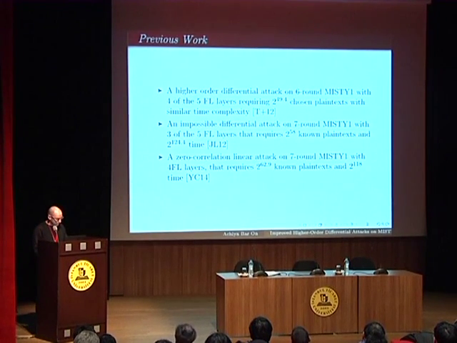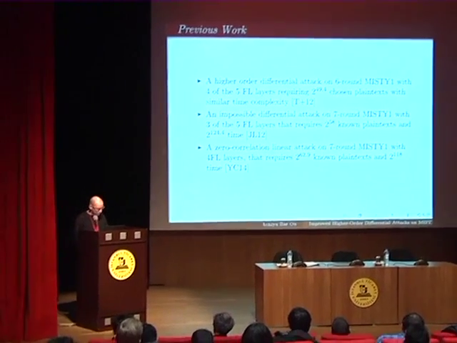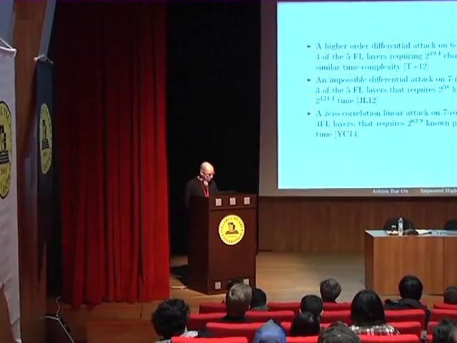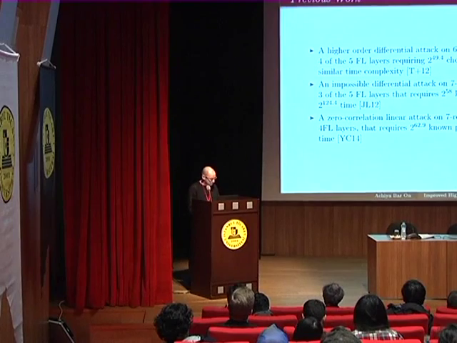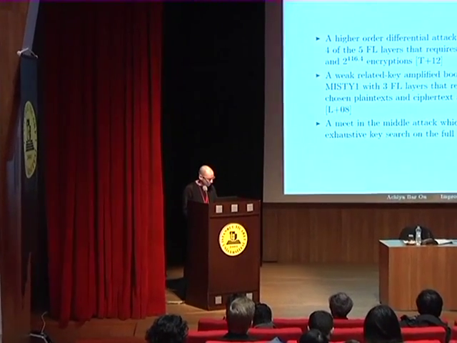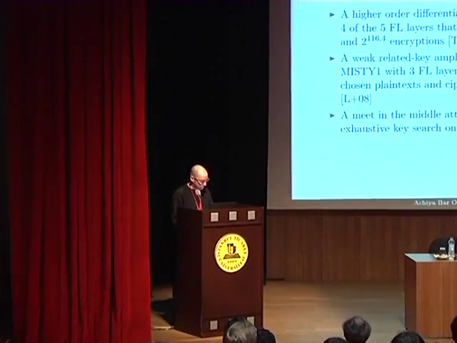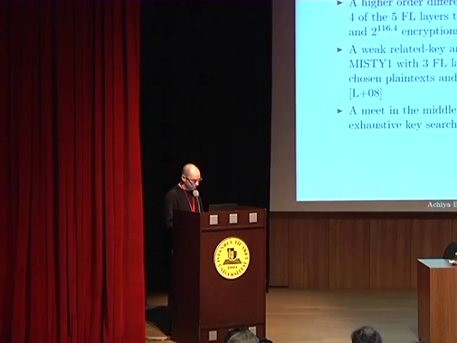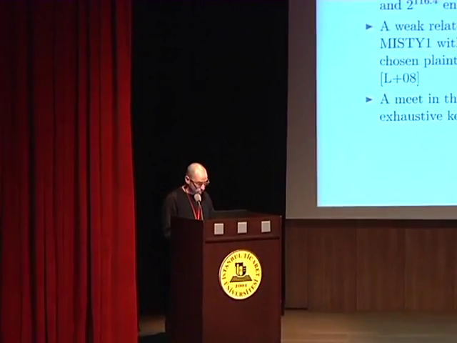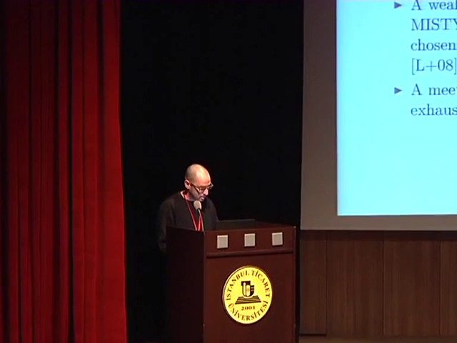A zero correlation linear attack on 7 rounds with 4 FL layers that requires 2^62.9 known plaintexts and 2^118 time. A higher order differential attack on 7 rounds with 4 out of the 5 FL layers that requires 2^48.7 chosen plaintexts and 2^116.4 encryptions.